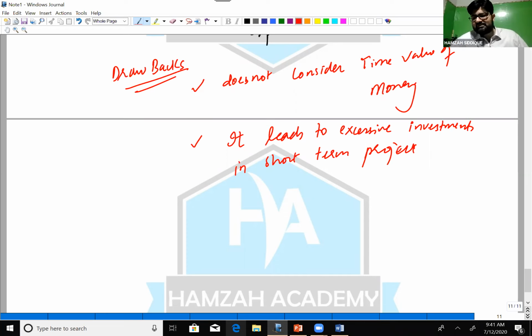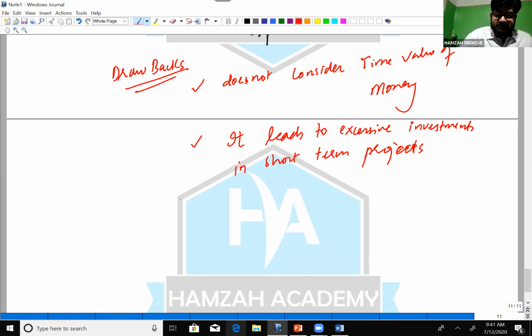This is what we are saying. So short-term investments, we ignore the long-term perspective of the business. We ignore that when we are using payback.